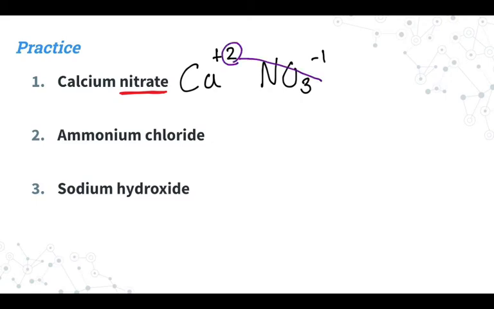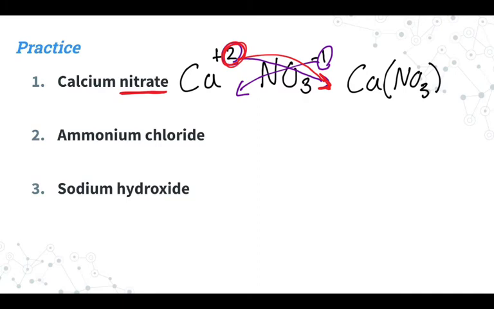The 2 will come over here and 1 will go to calcium. We'll write Ca, and because this 2 is on the outside of NO3, we put our NO3 into parentheses with the 2 on the outside. This makes sure everything is separated, and it tells us that we have 2 NO3s.